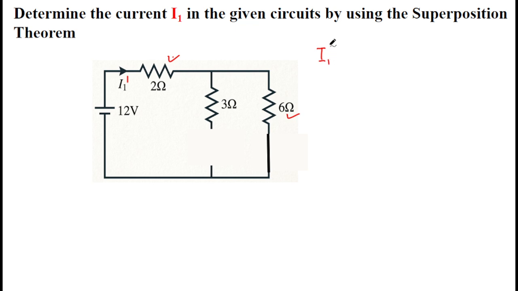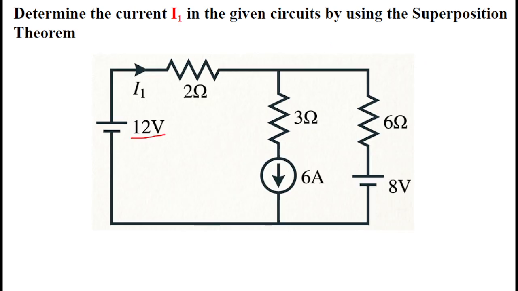I1 dash is the total voltage 12 divided by the total resistance 2 plus 6, which is 12 divided by 8, equal to 1.5. So I1 single dash, due to the 12 volt source, is 1.5 ampere.